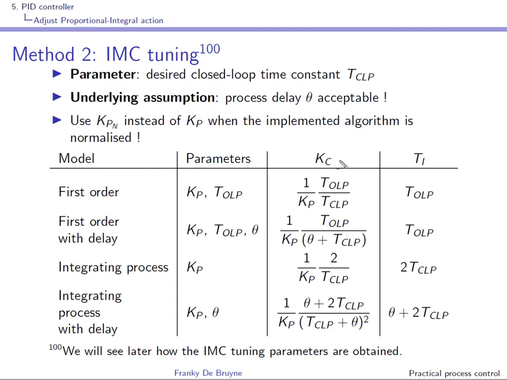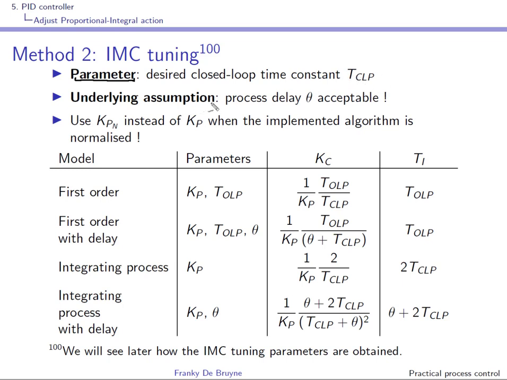And here you have the relevant control parameters, the controller gain and the integral time constant, right? Well, the tuning parameter that you will see in here is the desired closed loop time constant. You can see it appearing over here, over here, over here, etc. Right? So this is the parameter we have been talking about in the previous slide.